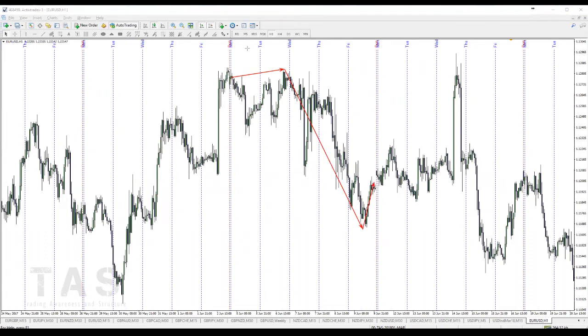So the weekly candle would be starting here, ending there, with a little wick to the top and a little wick to the bottom. Forget about the colors. I'm using just red so you can see. This would be red, this would be green. Okay?